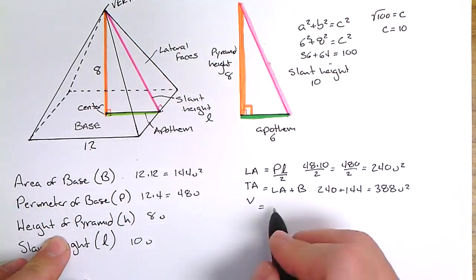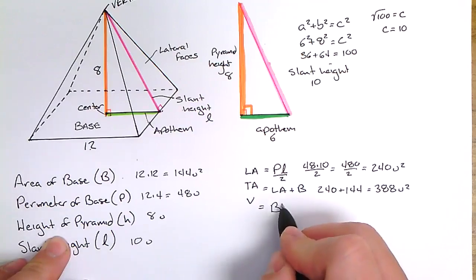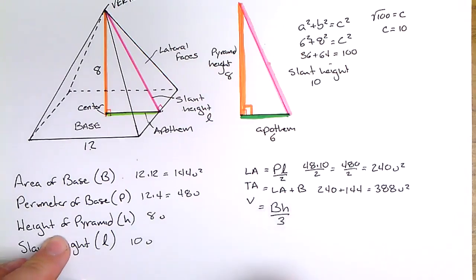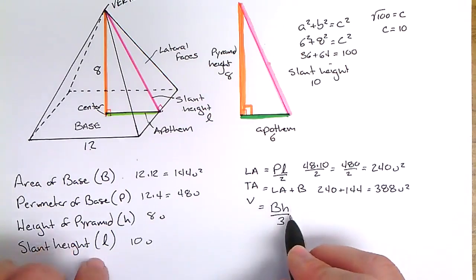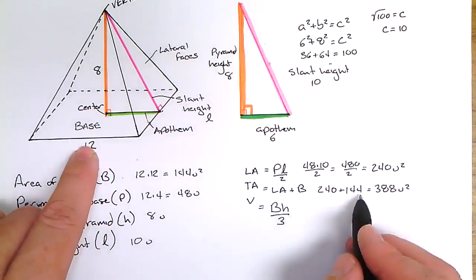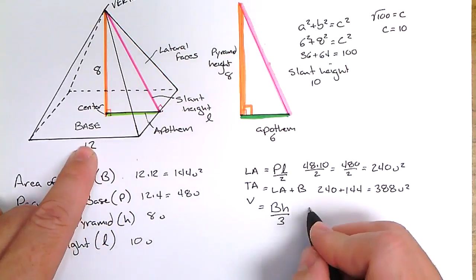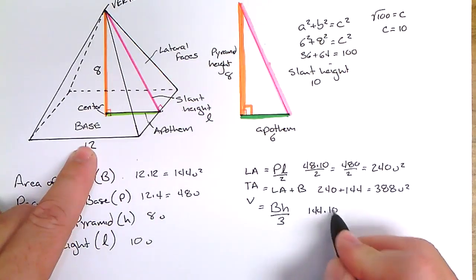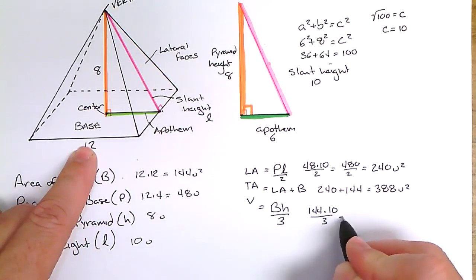And last but not least, our volume. Our volume is going to be equal to the area of the base times the height divided by 3. So area of the base we have is 144. Our height we have is 8, divided by 3.